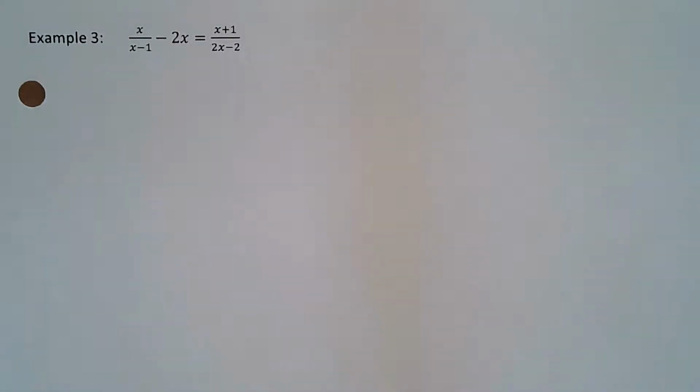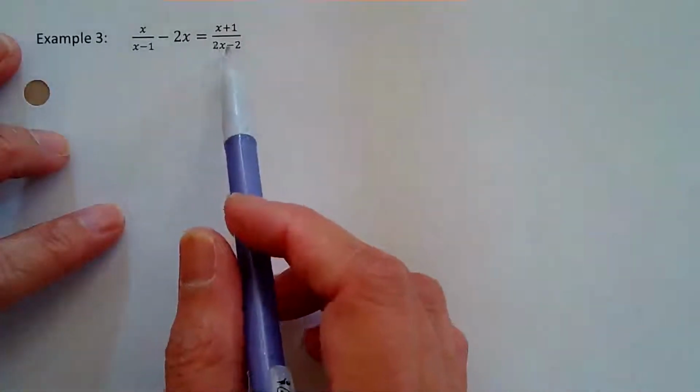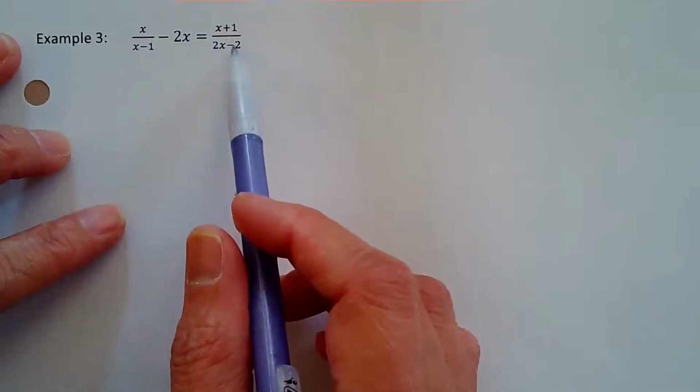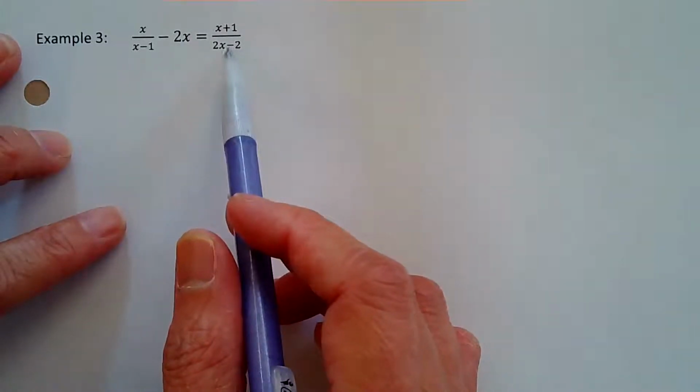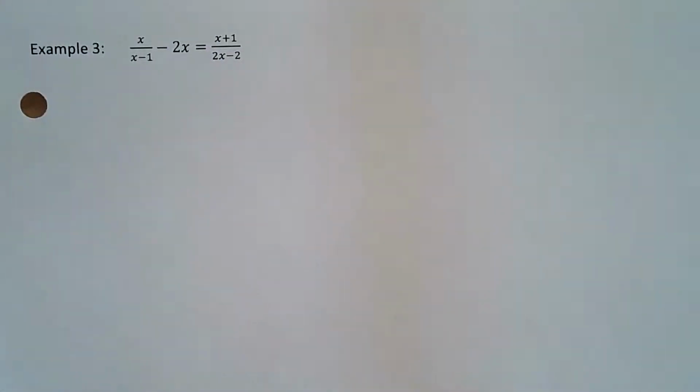Okay, next one. How do we start this? MPV, okay, good. I forgot to tell you something. To figure out the lowest common denominator, we need to make sure that everything is in factored form, like the denominator is in factored form. Okay?